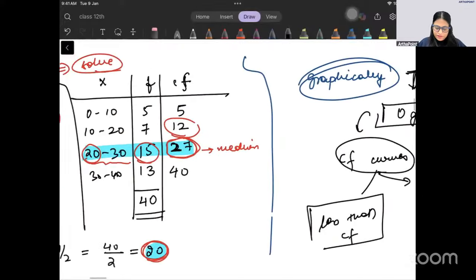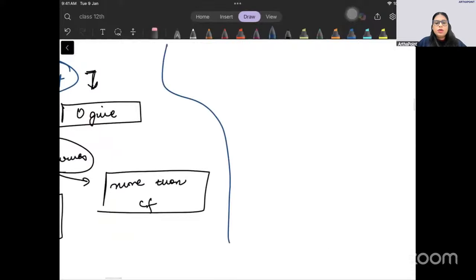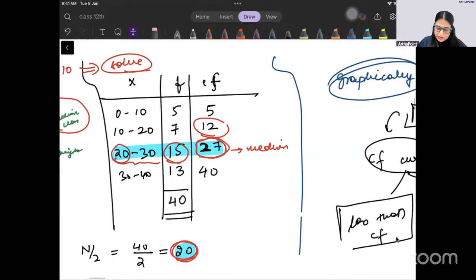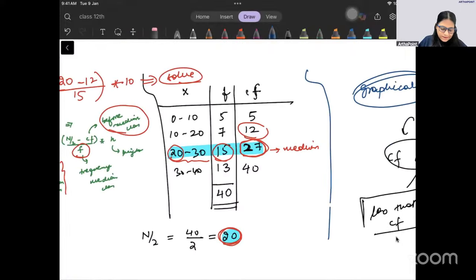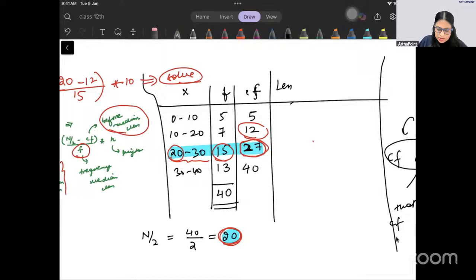Okay, so for example, if I have to do it for the same one, 1 second, let me do it here itself if possible. Okay, so less than CF.